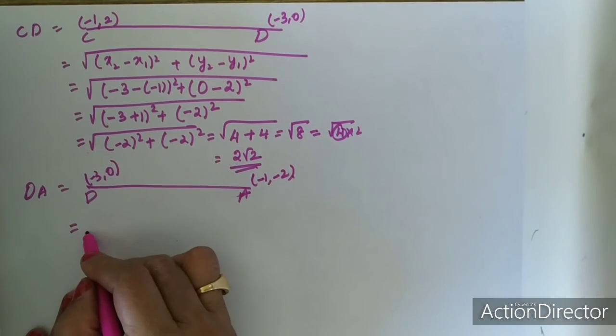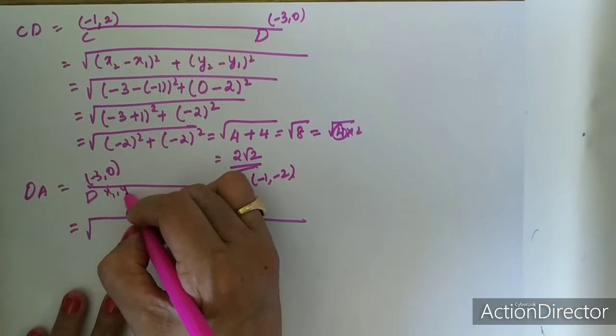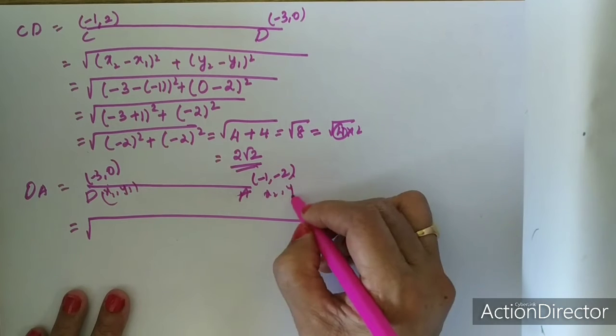So let us put the values over here. This is x1, y1 and x2, y2.